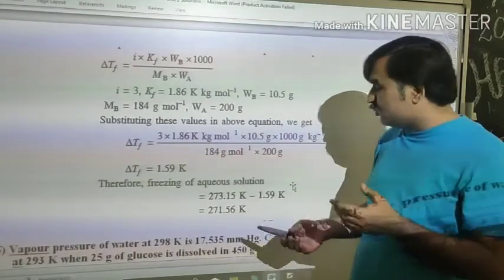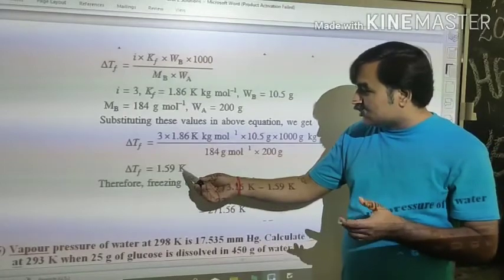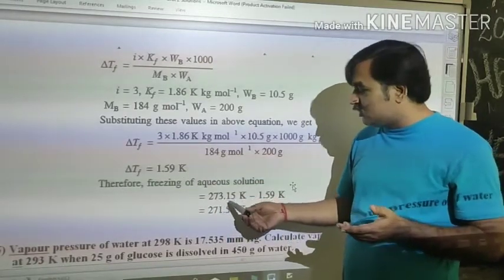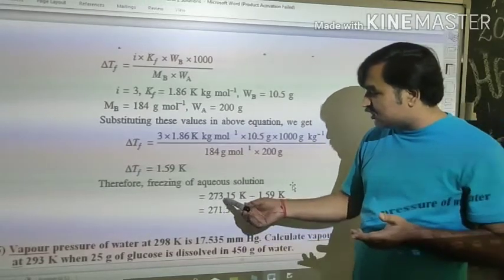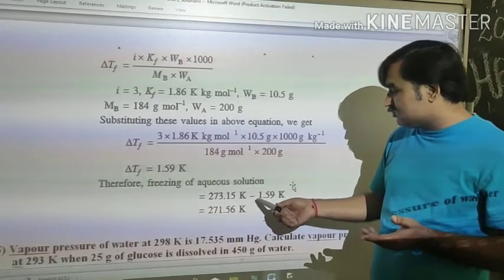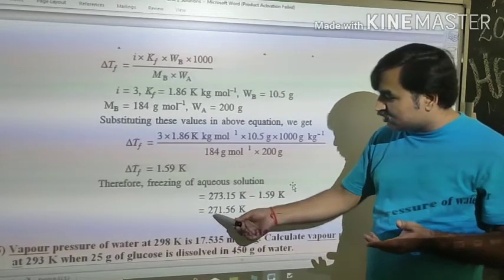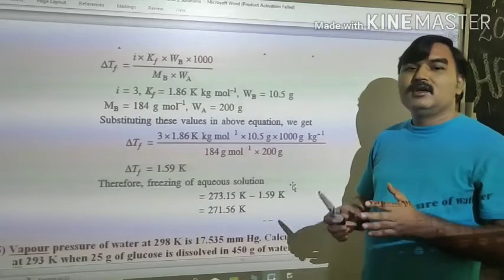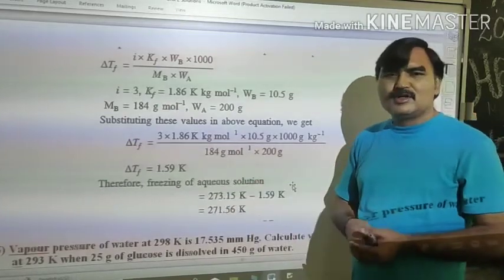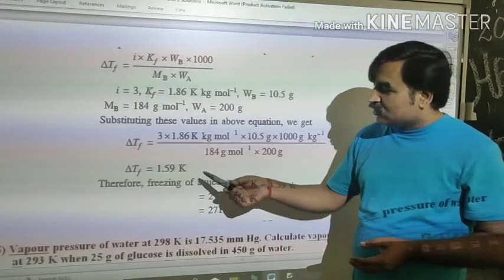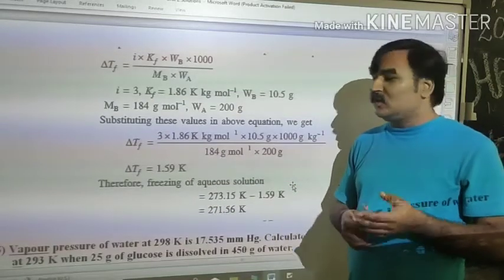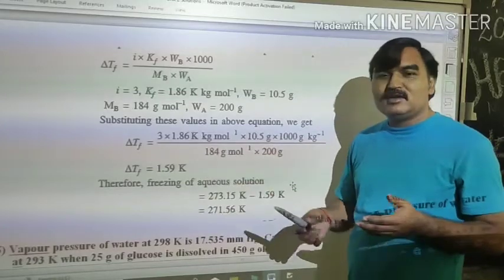You know it is in Kelvin, so now we take the Kelvin scale for freezing point, which is 273.15, and after decreasing we get 271.56 Kelvin. It is the new freezing point. If it is in Celsius, there is no problem. You can subtract it from 0 Celsius, then the freezing point will be minus 1.59 degrees Celsius.